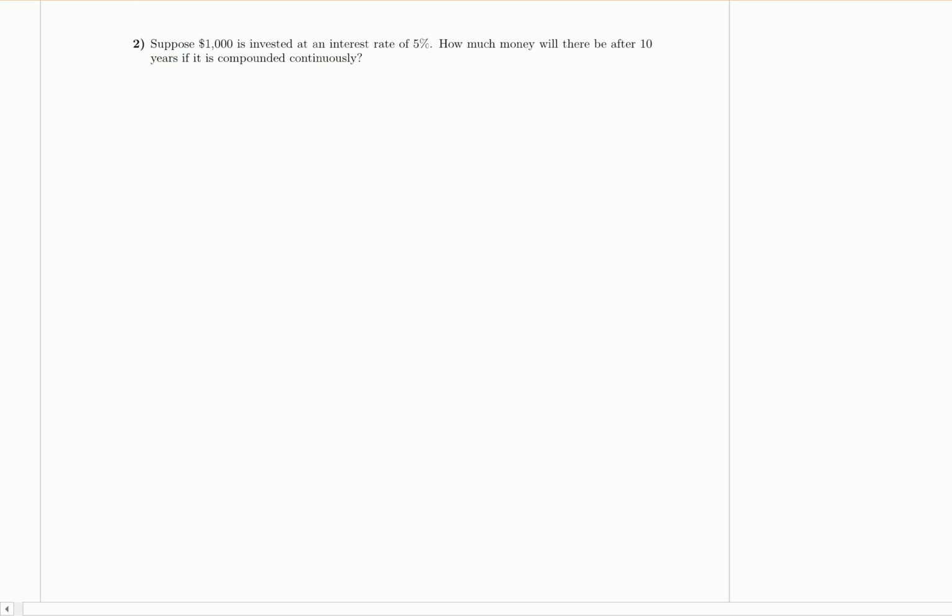Okay, so since this is a continuously compounded interest question, we can use that formula that we had for exponential growth, which is y of t equals a times e to the kt.